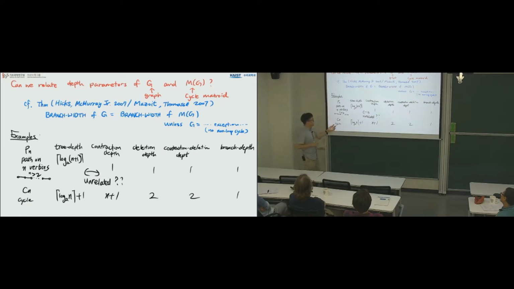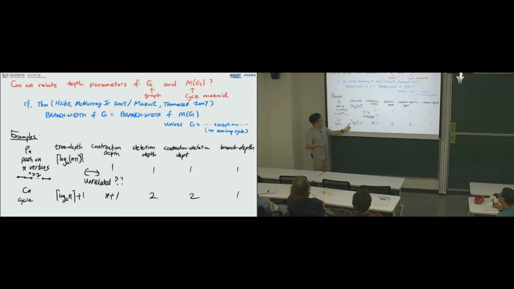But if you have a cycle, you get something like log n contraction depth. The contraction depth is big because the only way you reduce is contraction, but you can only reduce the length by 1 each time. So somehow these things don't seem to be related: tree depth is large, but the contraction depth is small.